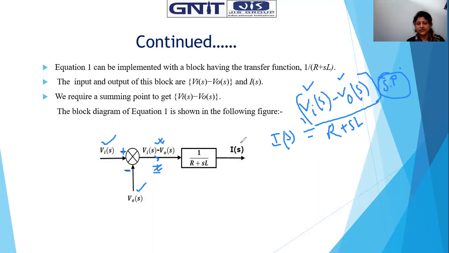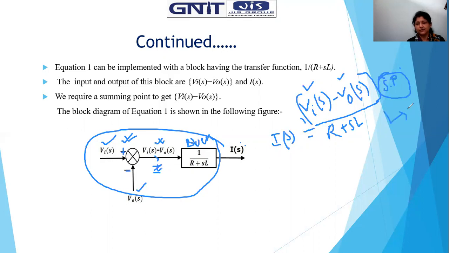Finally, equation number 1, with the help of a summing point and the block with the transfer function written there, is represented. So we get the representation of a part of the block diagram that represents equation 1.